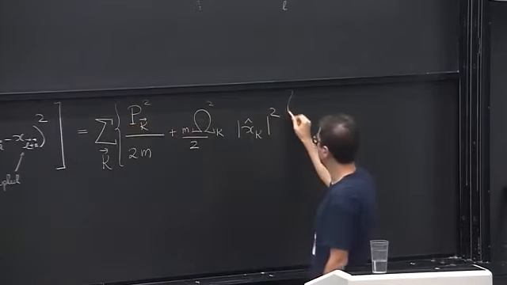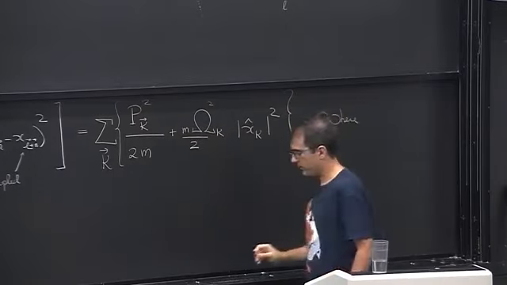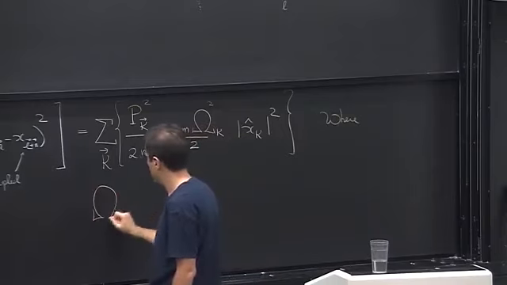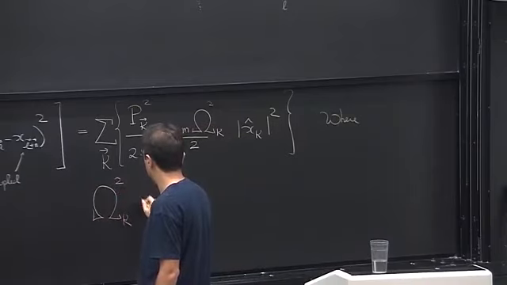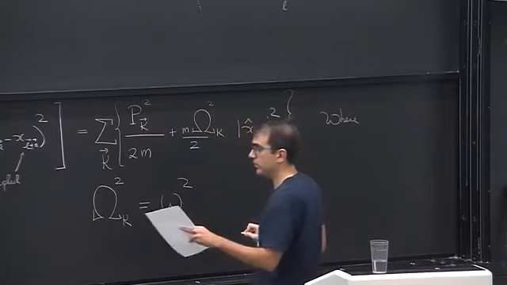So for each mode, I have a harmonic oscillator where this omega k square is what? I just read off from what we computed.